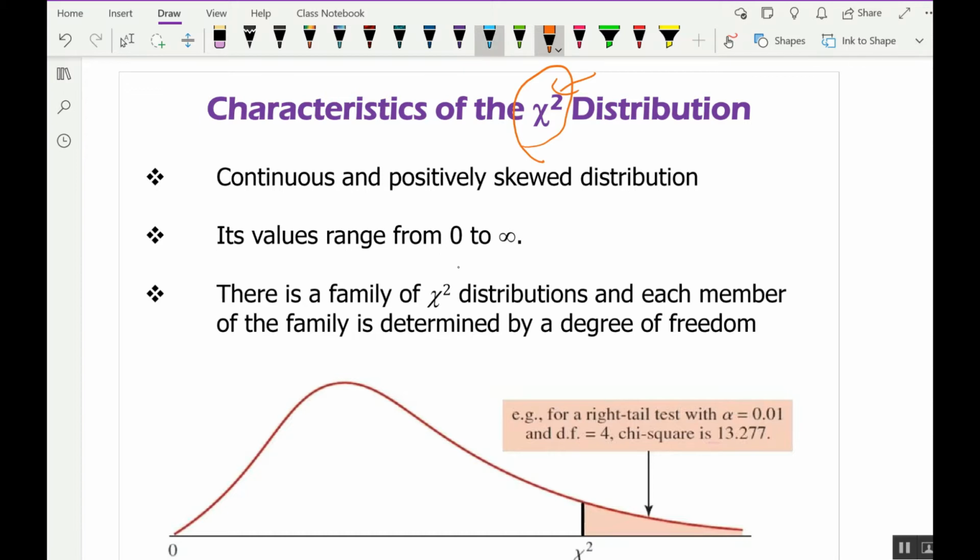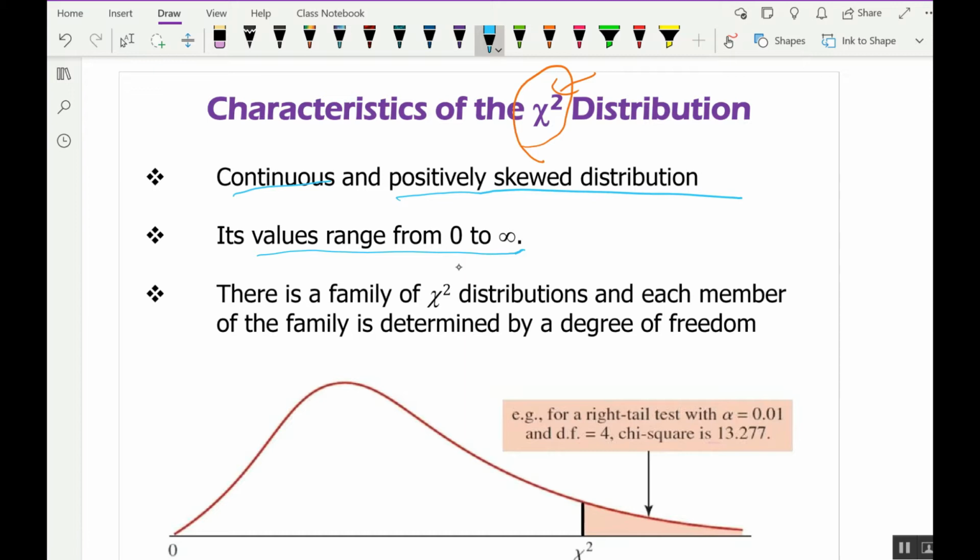The first one: continuous and positively skewed. Somewhat similar to the F table, its values go from 0 to infinity as well. As you can see here, positively skewed means the graph or illustration moves more toward the right side.